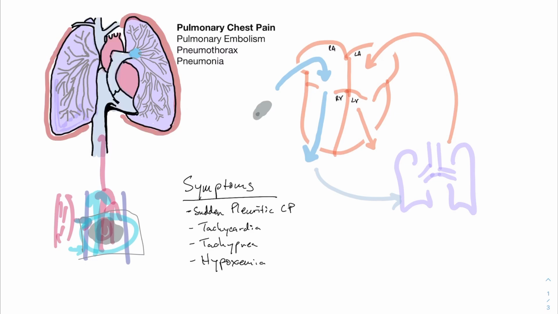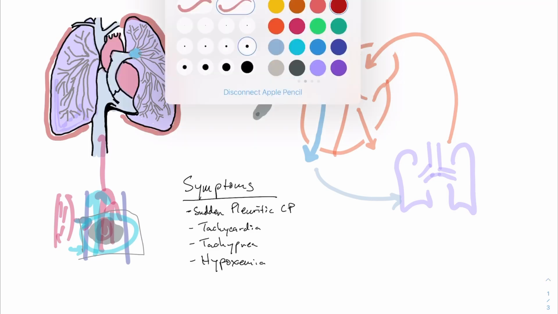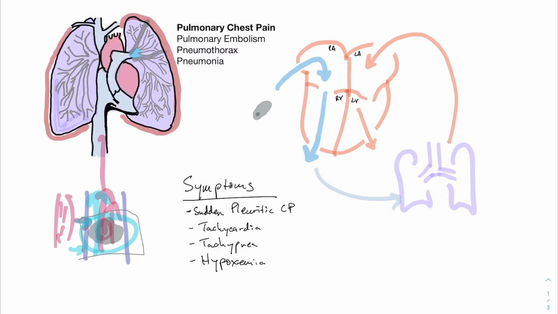And so what usually happens in a pulmonary embolism is when you send this thrombus out and it gets stuck into the pulmonary arteries, well, now this entire wedge is not getting any oxygen because there's no blood flowing into this area. And so that area will eventually die. So all of this is gone. Whenever cells die, it causes inflammation.